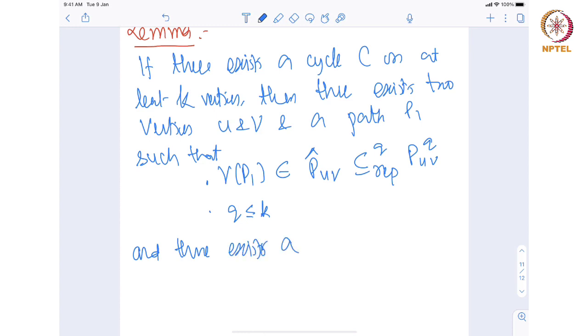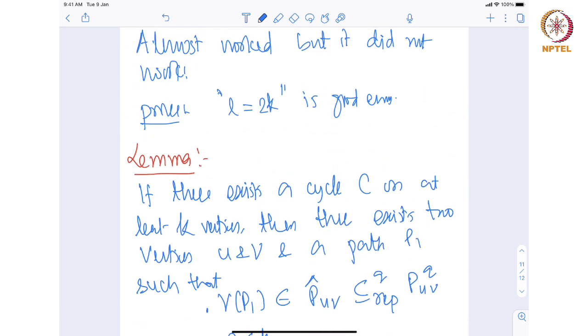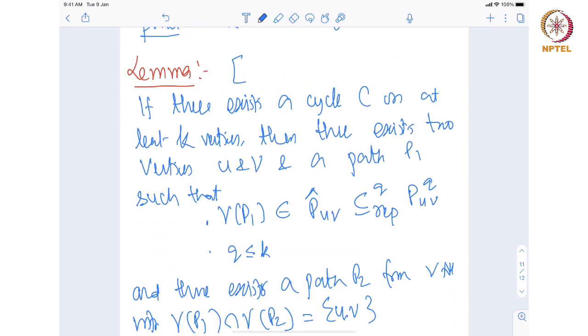And there exists a path P2 from V to U, with vertex set of P1 intersection vertex set of P2 equal to {U, V}. So basically, it's a truncated version, you can think of this as a representative set version of the earlier lemma, right.